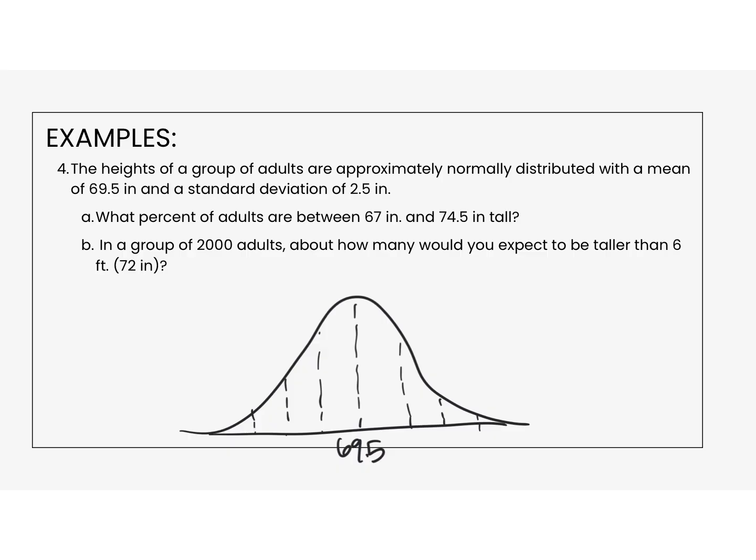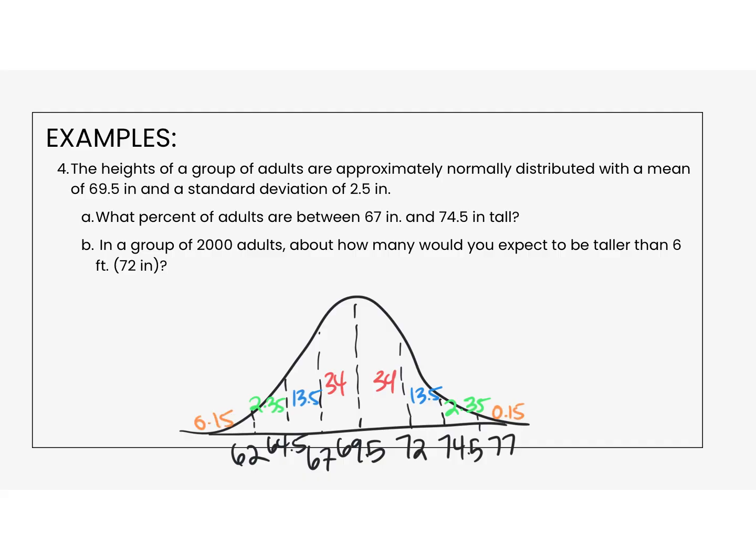Standard deviation is 2.5. So 72, 74.5, 77, 67, 64.5, 62. And again, I'm going to label my percentages. 34s, 13.5, 2.35, 0.15.